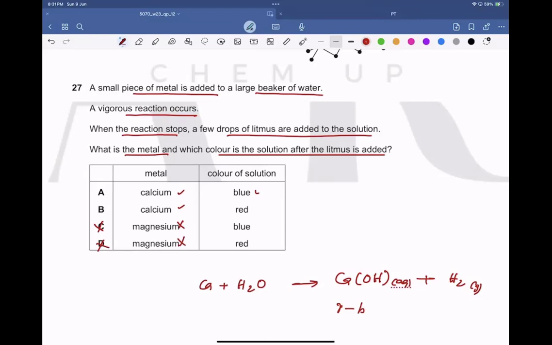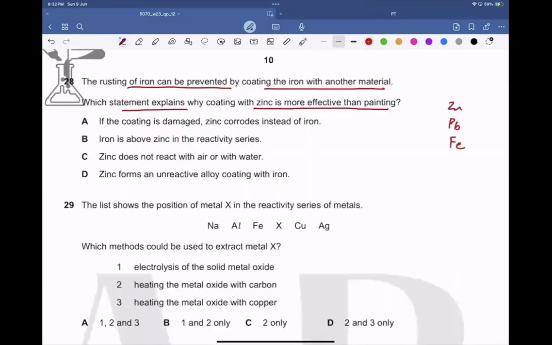Now, question number 28. The rusting of iron can be prevented by coating the iron with another material. Which statement explains why coating with zinc is more effective than painting? It is because zinc is above iron, right? So zinc not just prevents rusting when it is coated, but also if it's damaged from somewhere, it does the sacrificial protection because it is more reactive.